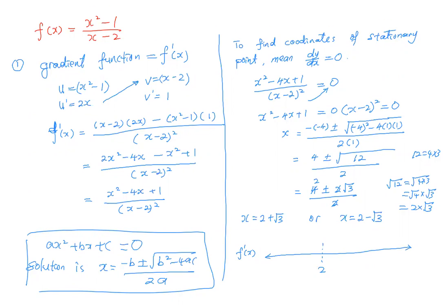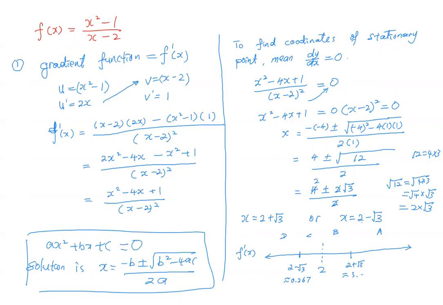Here should be more than 2, this one should be less than 2. So this is 2 minus root 3, approximately 0.267, which we got just now. And here is 2 plus root 3, which is approximately 3 point something. How to get the sign from all these regions A, B, C, D?